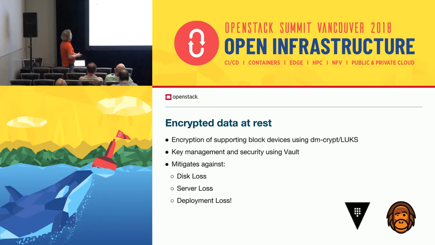Okay, so let's look at two of those features in a bit more detail. Encrypted data at rest. This really came out of a number of feature requests we had around how to mitigate risks of servers or disks being stolen from your deployment and sensitive data on those disks being compromised.